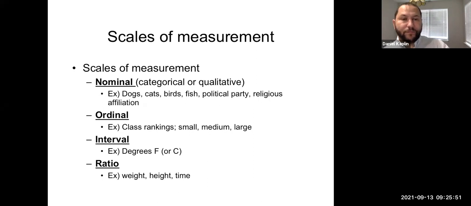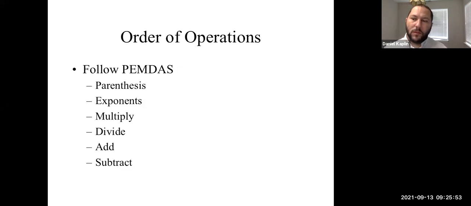All right. Now, the next piece is probably what you might have learned in algebra, the order of operations. The order of operations is absolutely essential in calculating statistics by hand, because most of the errors that people make when they calculate statistics is that they might have violated one of these rules, right?